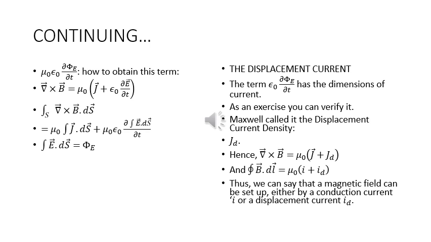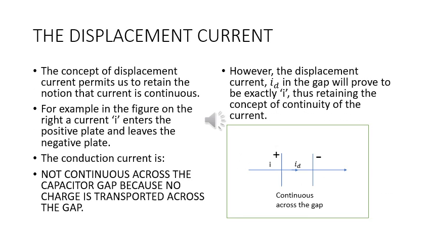The term epsilon 0 delta phi E by delta T has dimensions of current, and as an exercise you can also verify it. Maxwell called it the displacement current density JD. Hence, curl of B is equal to mu 0 j plus JD, and closed integral B dot dl is equal to mu 0 I plus ID. Thus, we can say that a magnetic field can be set up either by a conduction current I or by a displacement current ID.